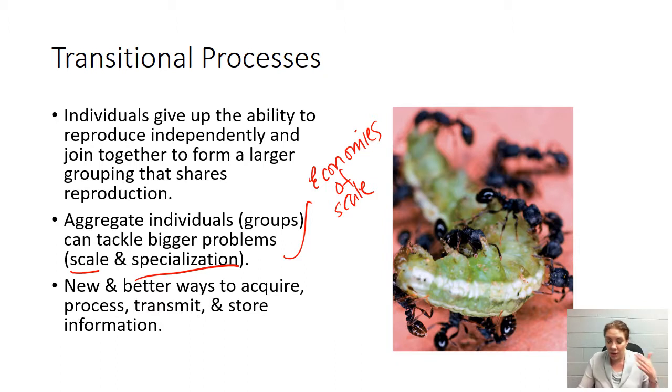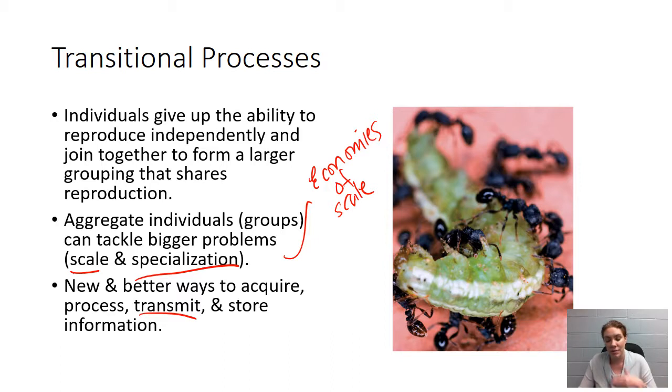So the bigger and more complex organisms become, the more likely they are to be able to devote some cells to things like memory and communication and hunting behaviors and foraging behaviors and all of those other types of things. So they can tackle bigger problems, and they can pass that knowledge on to other individuals or to their offspring, and that's where the transmit part comes in.